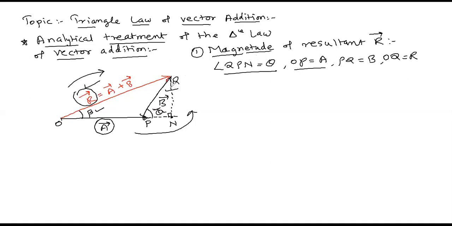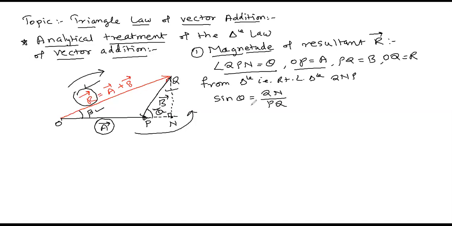Then from this right angle triangle QPN, no doubt it's a right angle triangle, what will I get here? Sine theta is equal to QN by PQ.